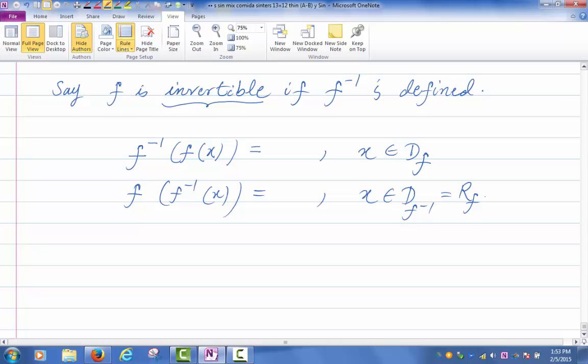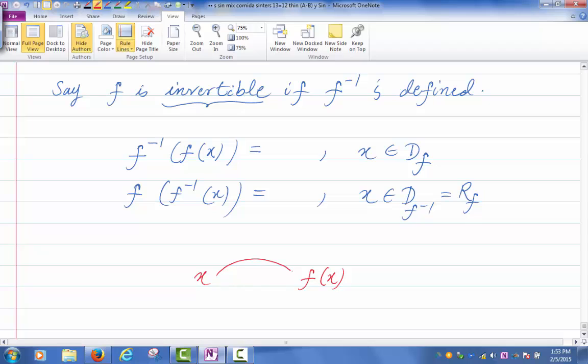Someone please tell me what is the value of the left-hand side in both cases. What is f inverse of f of x? What's that? Well, let me make it a little bit easier for you. Let's say I have x, right? And I have f of x.